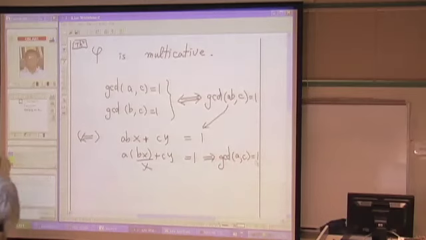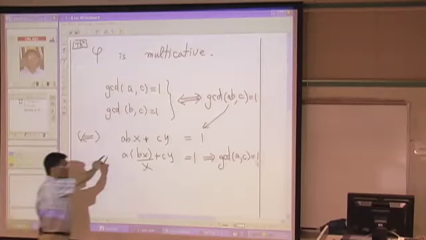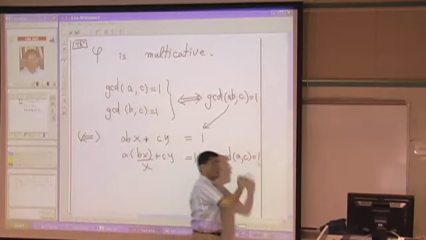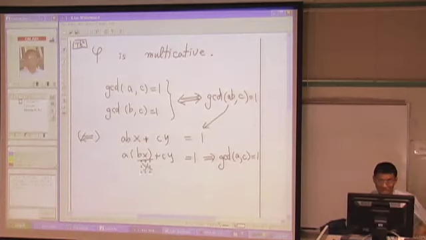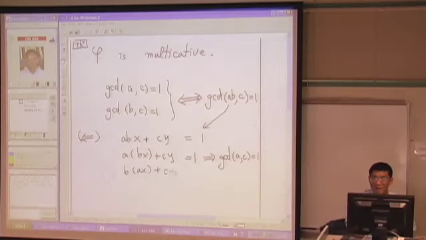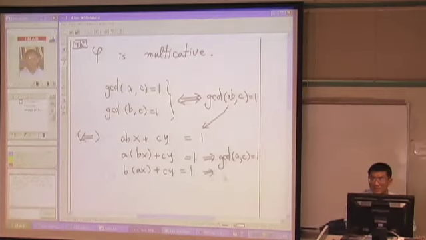So it is the GCD statement, right? GCD becomes a mathematical expression, right? Not a concept expression, a mathematical expression. And then this mathematical expression represents the GCD, the concept expression. In any case, I proved this one. And the same way, we can prove that using BX plus CY equals 1, we can say that GCD of B, C equals 1.